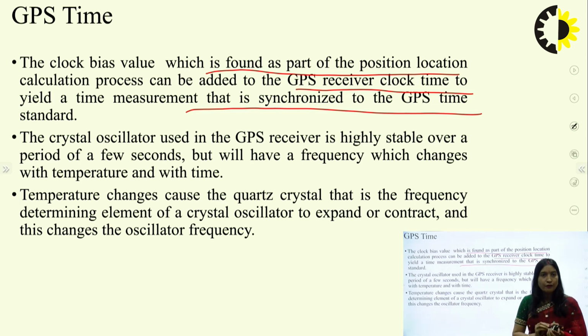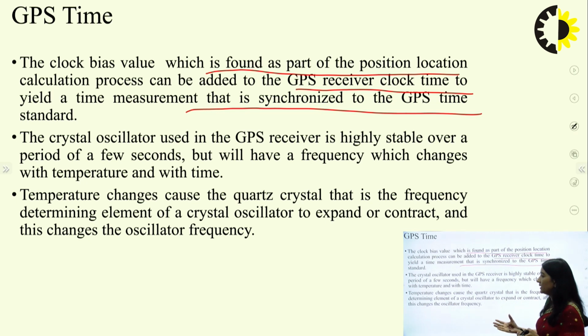But in my phone, whatever clock I am using is not an atomic clock. On a GPS satellite, we have atomic clocks, which are highly accurate. So that is why these clocks are not synchronized. So how is this synchronization done? This synchronization is done with the help of this clock bias value.